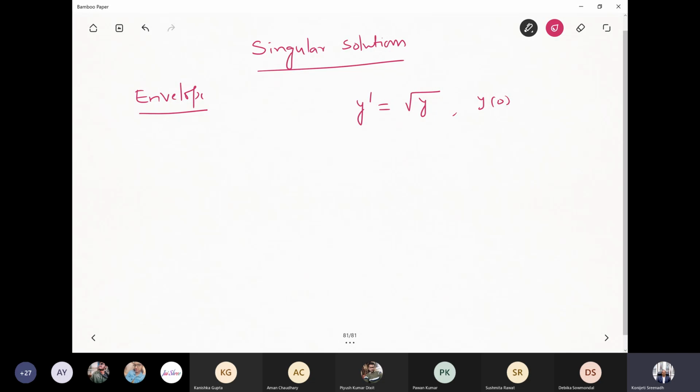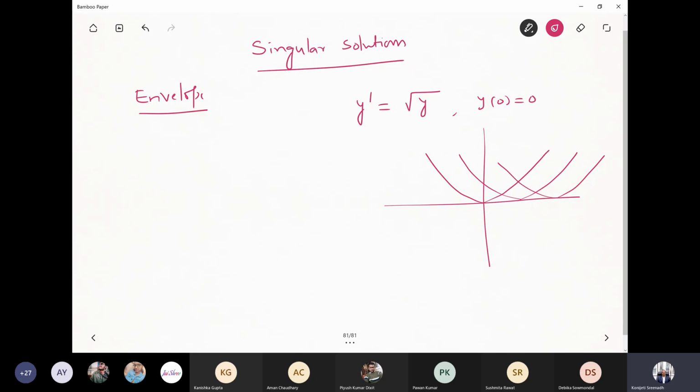Once you write the solutions, you will write square root of y, because it's meaningful only for those solutions. So if I take this, then you have solutions like this. You have the solutions x squared, or you can take it to be 0, or you can write them like this.